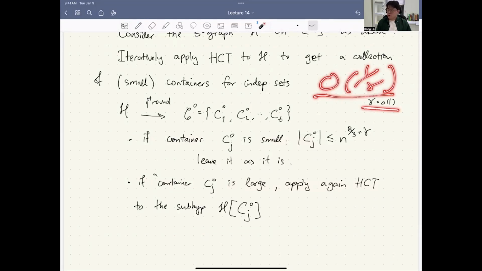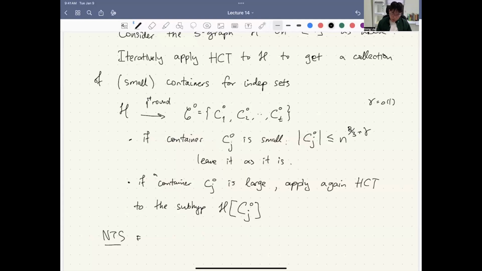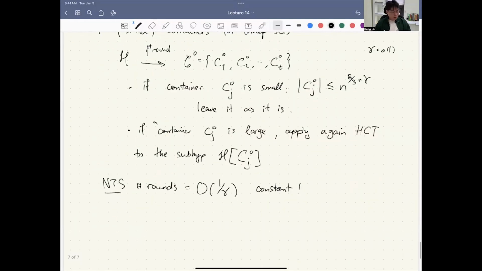So the number of rounds is big O of 1/gamma, which is a constant.